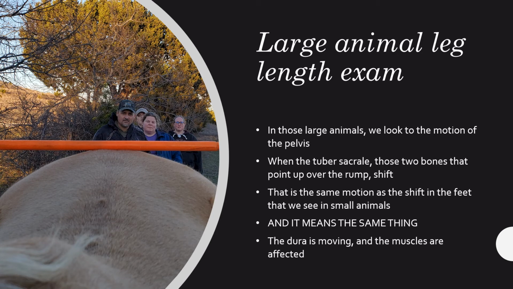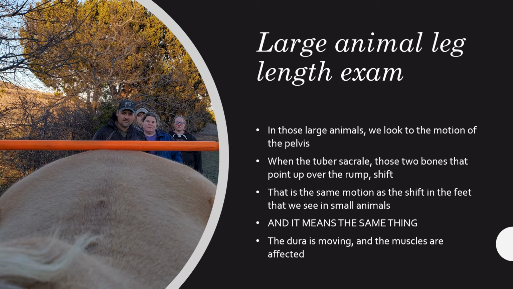In our large animal leg length exam, we're going to use an indicator like the one in the picture. We call this our hip leveler. In those large animals, we look for motion in the pelvis. The tuber sacrali, which are the two kind of bumped up bones that we find over the rump, we're going to find that they will shift.